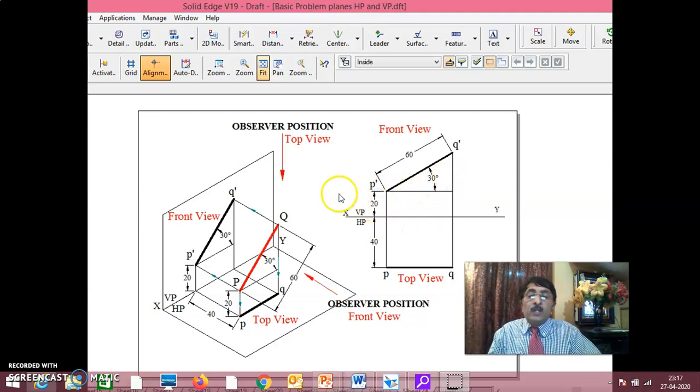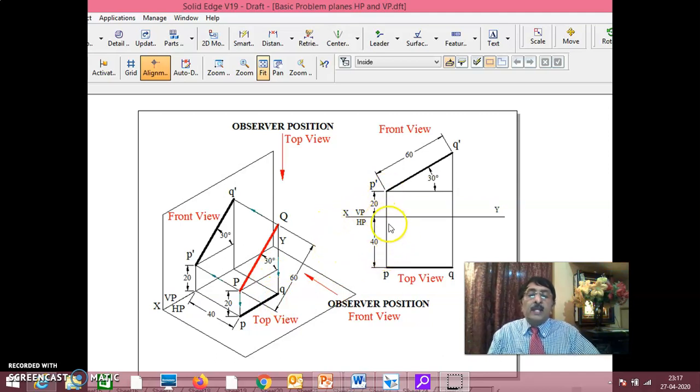Did you follow? In this problem I have said one end of the line is 20 mm above HP. In case I say one end is touching HP, immediately put P dash on the XY line.